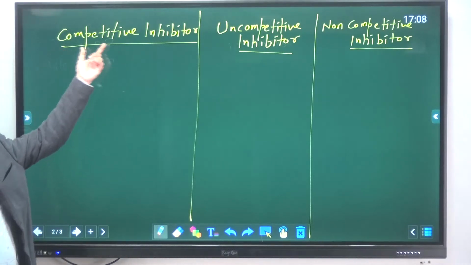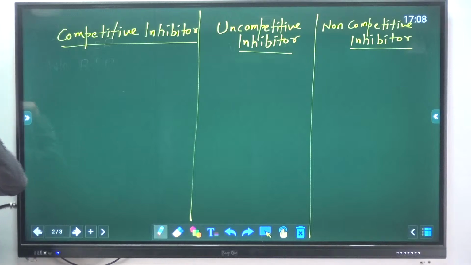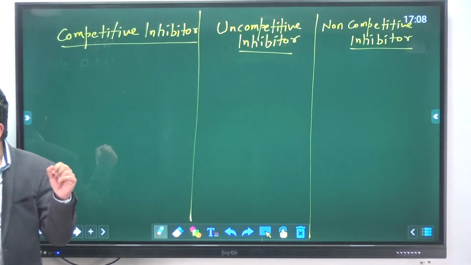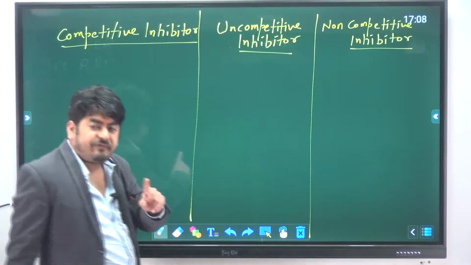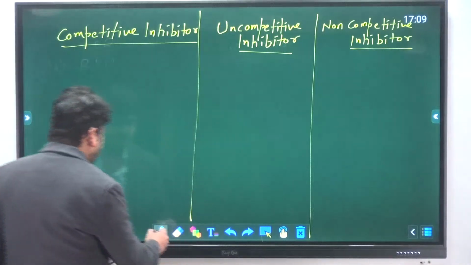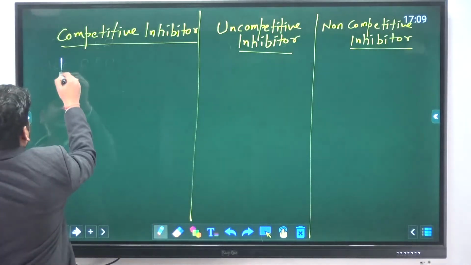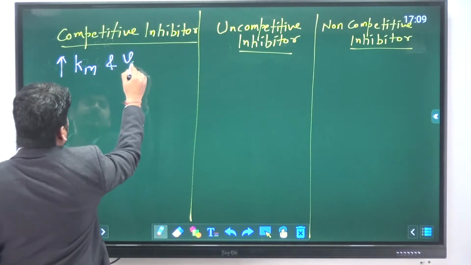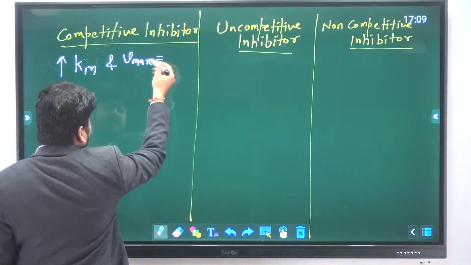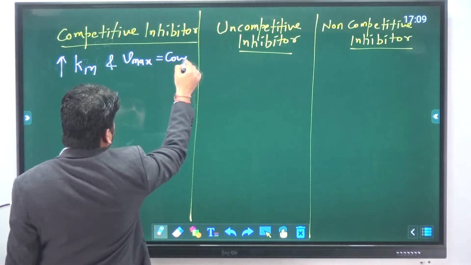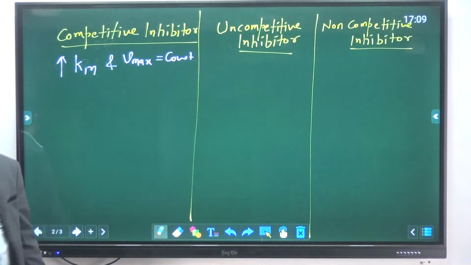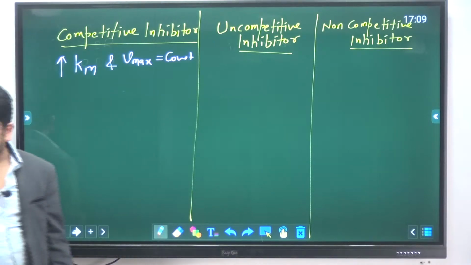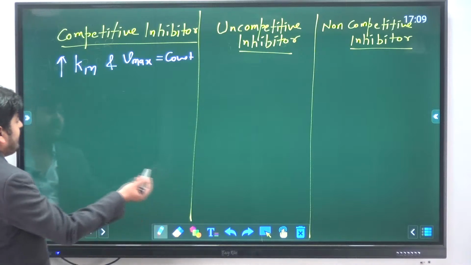But here, competitive inhibitors affect the Michaelis-Menten constant. They increase the value of Km, and the value of Vmax, the maximum velocity, remains constant in this case. So when they increase the value of Km, what happens?